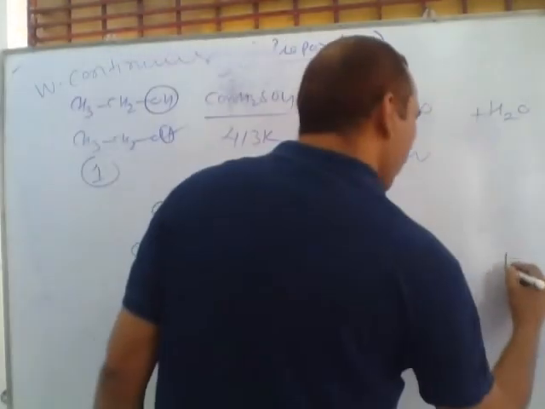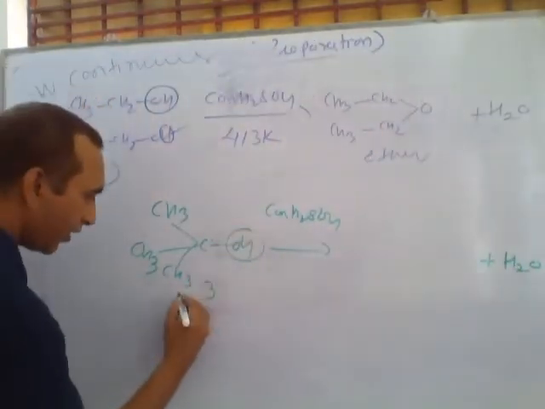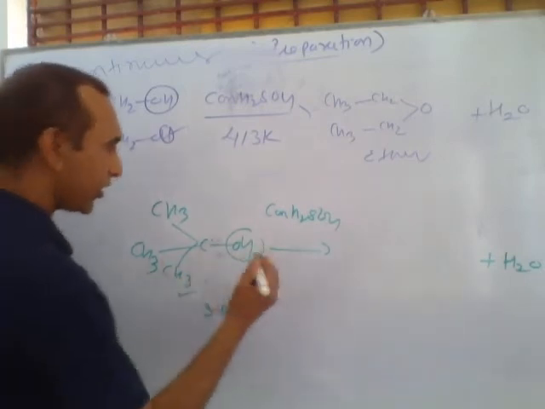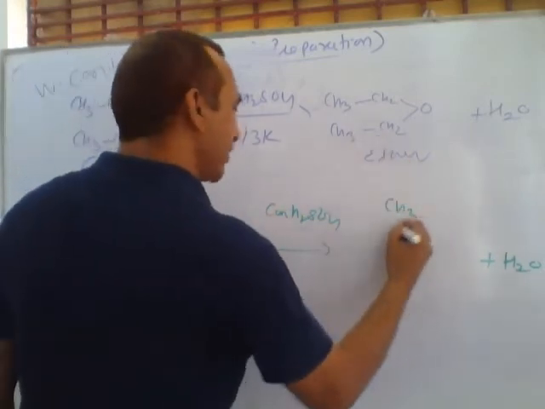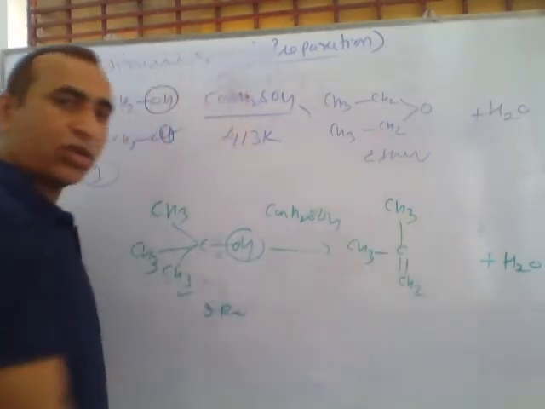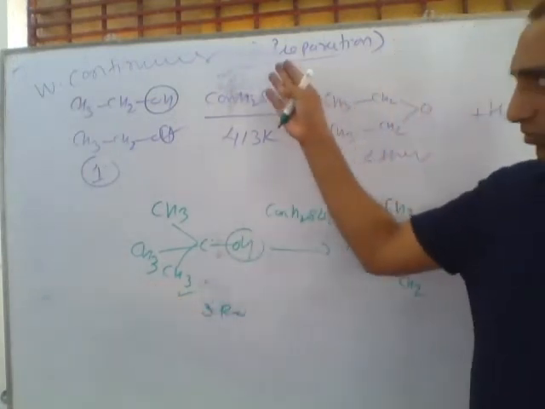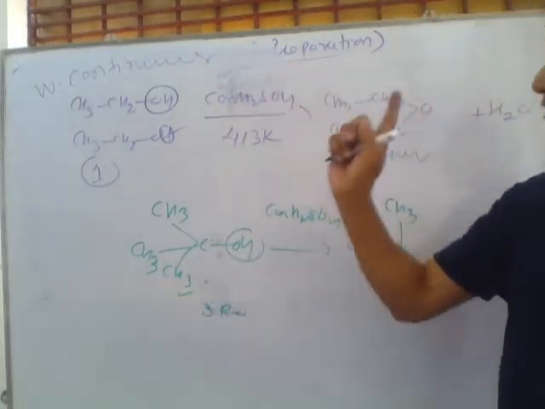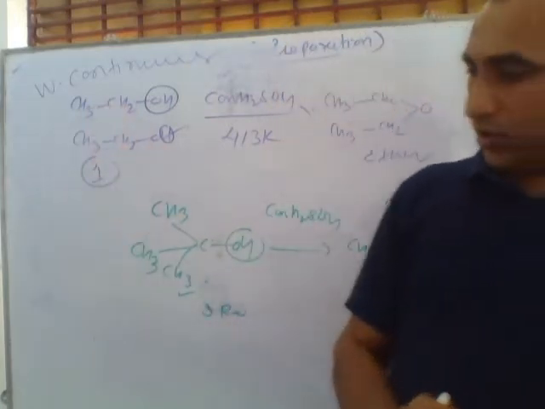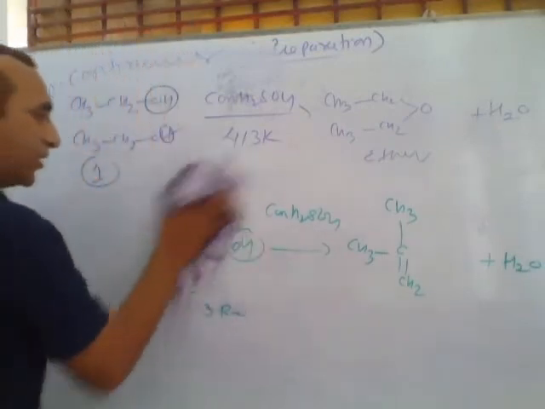After the reaction, water will be removed, this is dehydration, OH and H from here, this is tertiary alcohol. Water and this compound are formed, CH3, CH3, C double bond CH2. Isobutene is formed. So look here, in Williamson continuous etherification we use only primary alcohol, neither secondary nor tertiary.